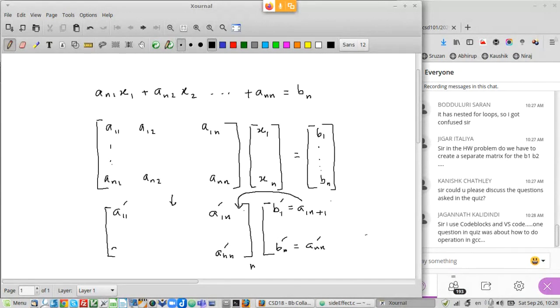So this becomes a matrix of size n rows and n plus 1 columns, and all of these are 0. Okay, this part is called elimination.